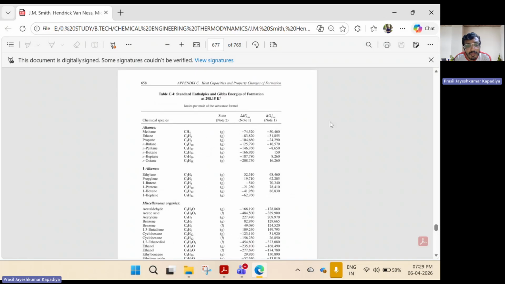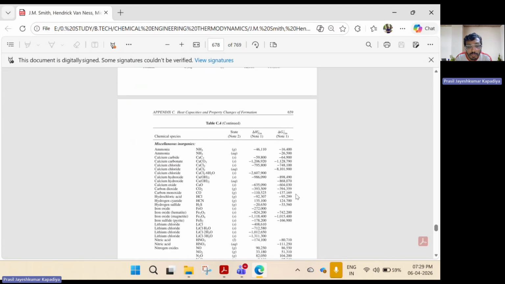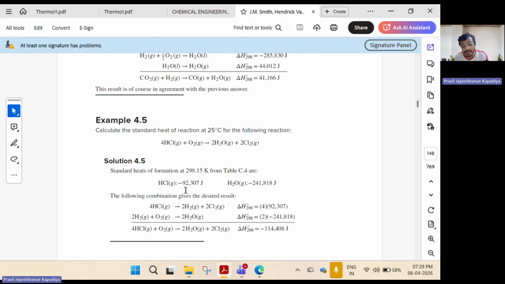Yeah. So we have HCl plus O2. O2 has no standard heat of formation, so we will just find it for HCl in gas phase. This is very important to see. HCl in gas phase is minus 92,307 joules.